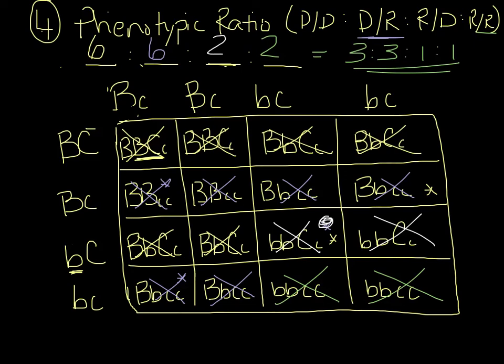Okay, the last thing we're going to take care of, the last little bit of notes, is when we talked about a monohybrid cross yesterday. So yesterday we talked about a monohybrid cross. We also have, wouldn't you believe it, a dihybrid cross.